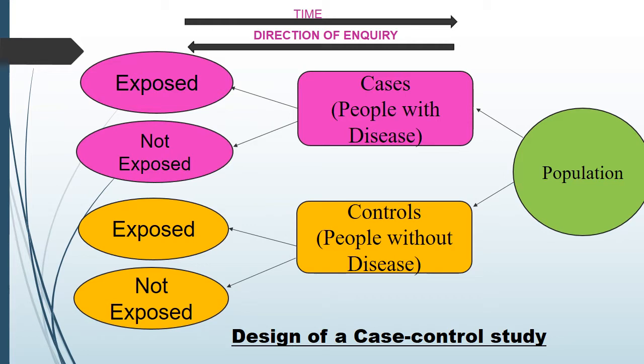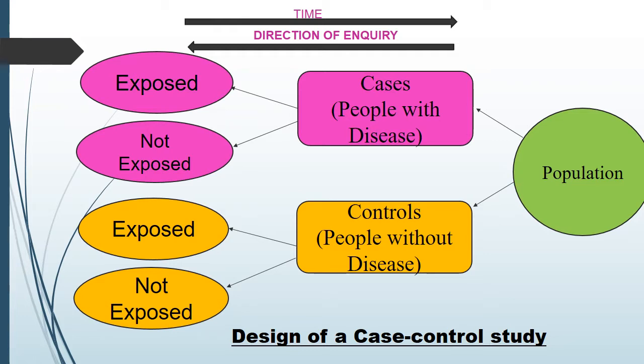Then in the case group we again separate subgroups, those exposed to risk factors and not exposed to risk factors. The same in the control group: two subgroups, those exposed to risk factors and those not exposed to risk factors.